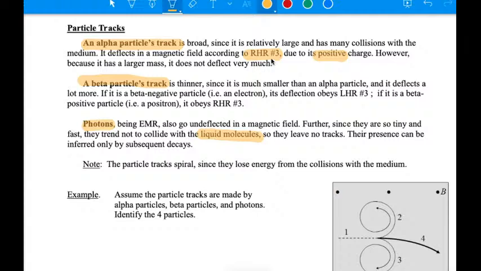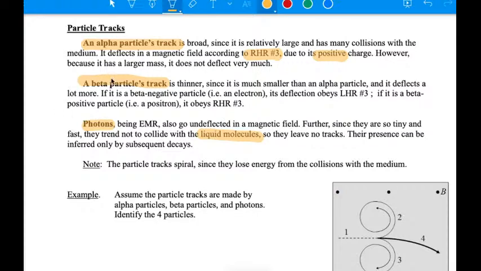So thumb is the direction of the particle, then your fingers, or all of your fingers if you're using the palm method, will be the direction of the magnetic field, and either your middle finger or your palm will be that magnetic force. So since these are so massive, they won't deflect very much, right? They have more inertia. They're going to be more resistant to that change in direction.